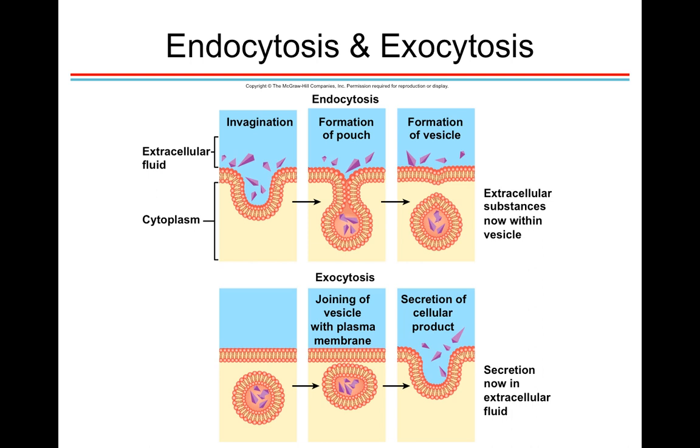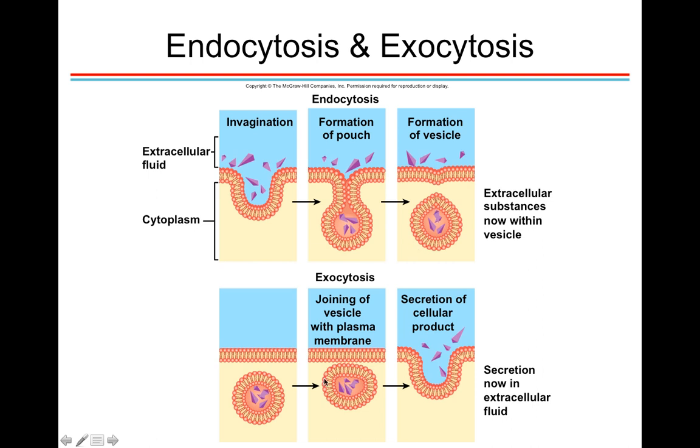So I just want to remind you about the processes of endocytosis and exocytosis. I know we talked about these before. Both of these processes require ATP. So for endocytosis, we have these molecules on the outside of the cell that the cell wants to take in. It'll invaginate the plasma membrane, form this little pouch, and then the pouch will be pinched off to create a vesicle.